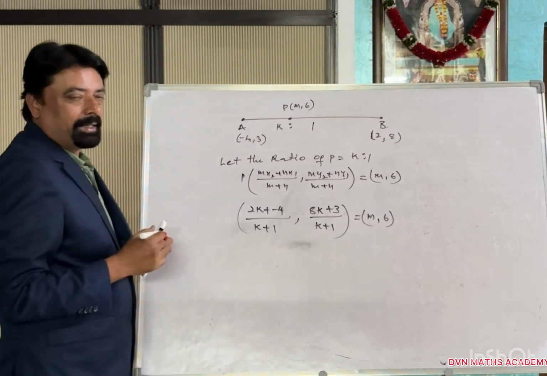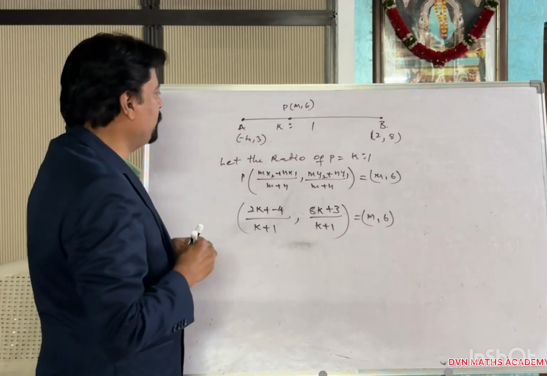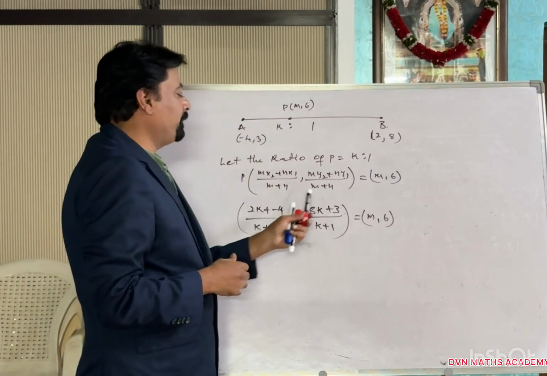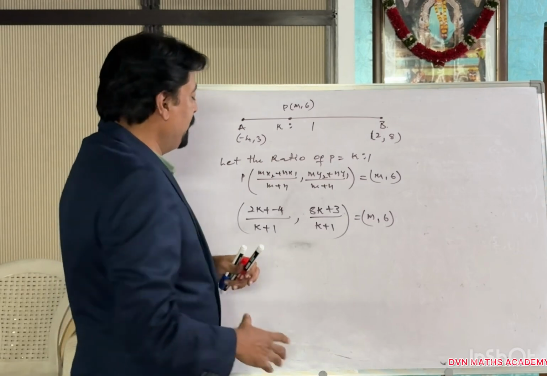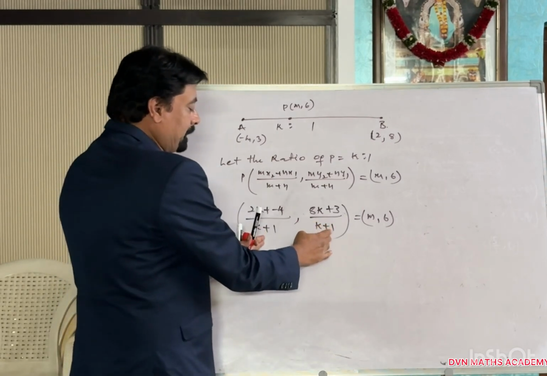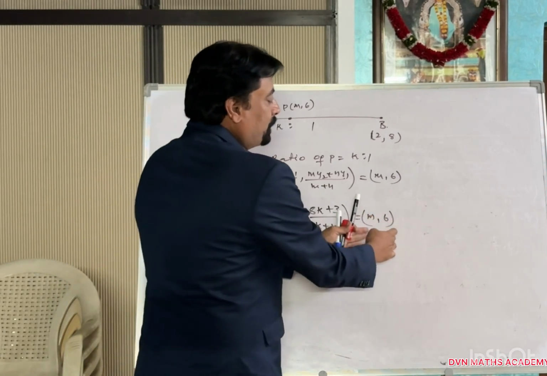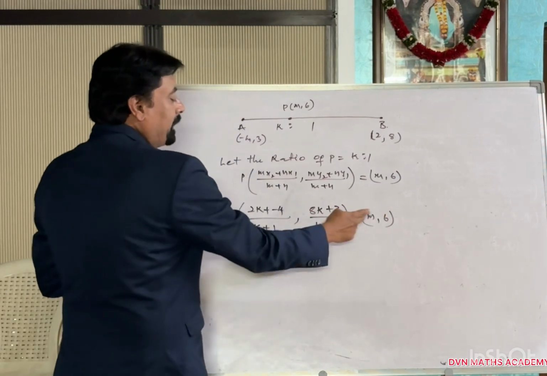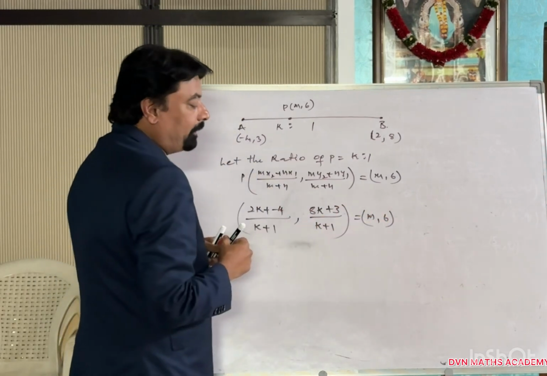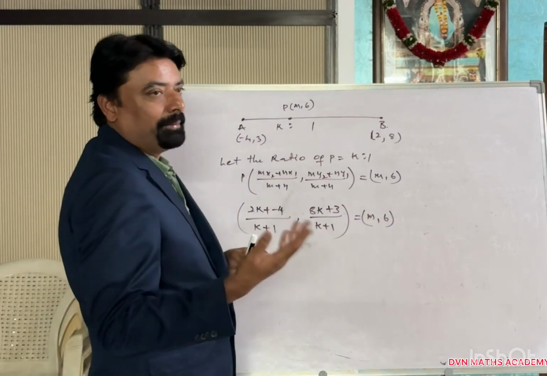So here two things you need to find. The first one is the ratio, the second one is the value of m. This point is equal to this point. Just compare x coordinate to x coordinate and y coordinate to y coordinate, then you will get the values of m and k.